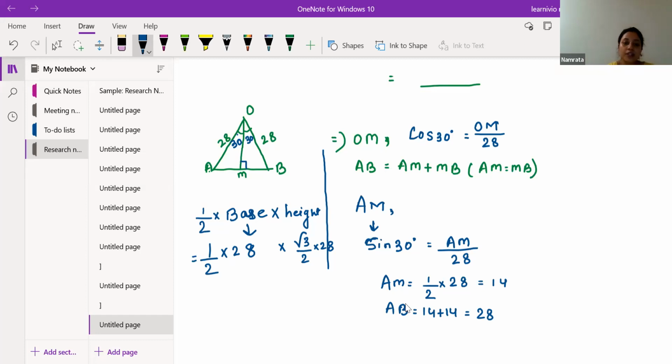So here this 2 will cancel out one of the 28, and we are left with 14 into 14 into root 3. So we can say 196 root 3 meter square is the area of the triangle only.